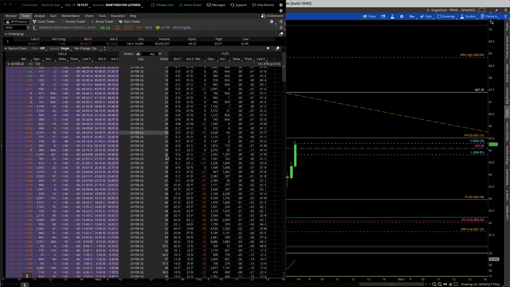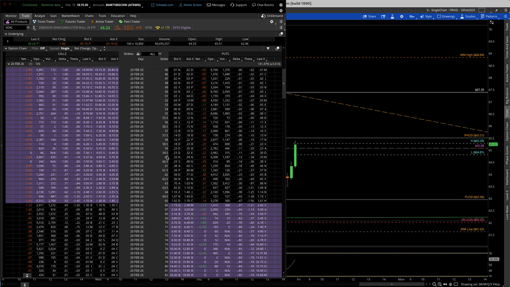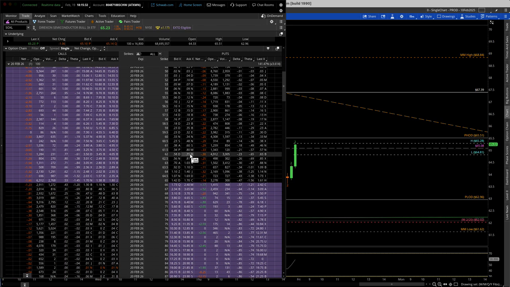Now there's also another way you can get it. If you don't use Thinkorswim, you can take the at the money straddle, which is, let's see, 65.23. So 66 is the at the money straddle, and you take the ask of the call and the ask of the put, and you add those together.